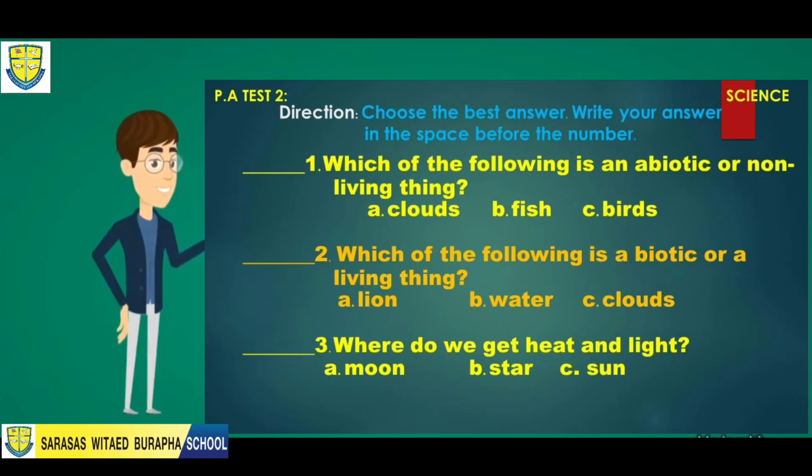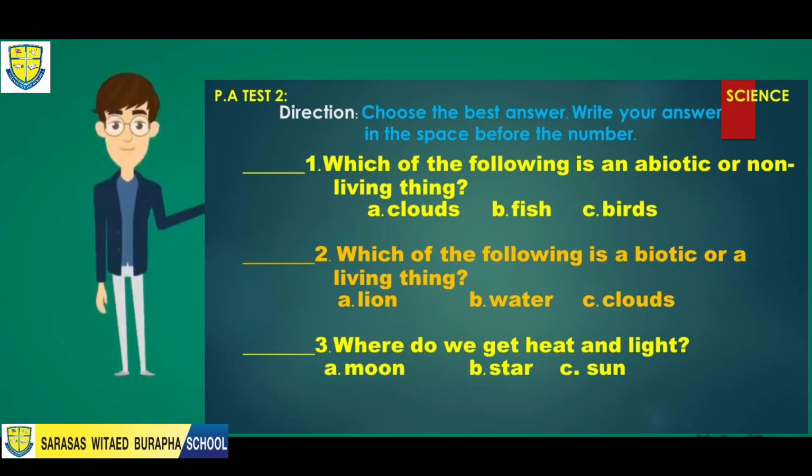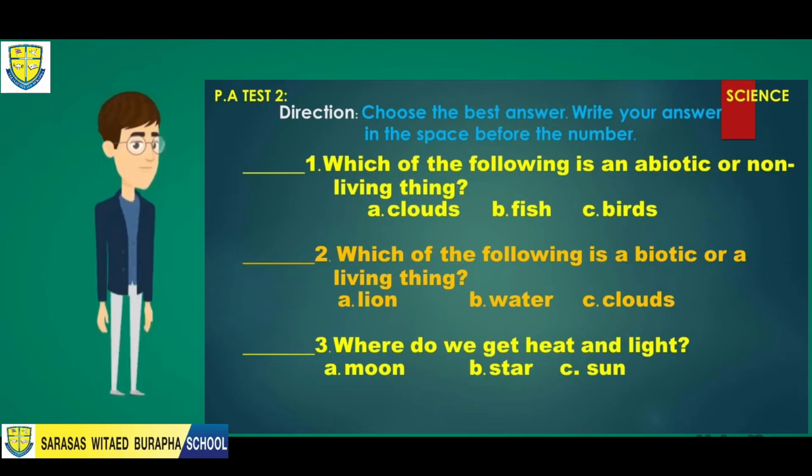Number 1. Which of the following is an abiotic or non-living thing? A. Clouds. B. Fish. Or C. Birds.